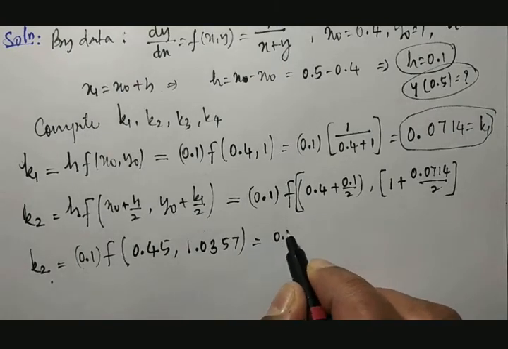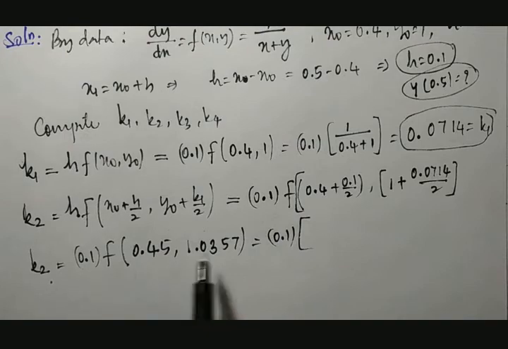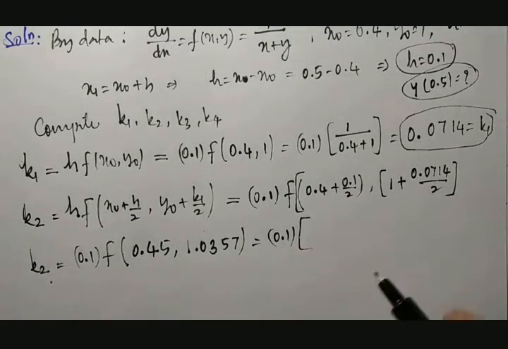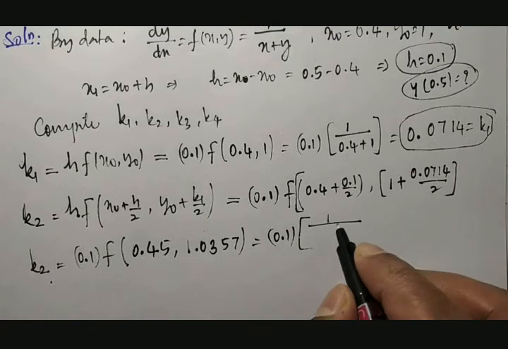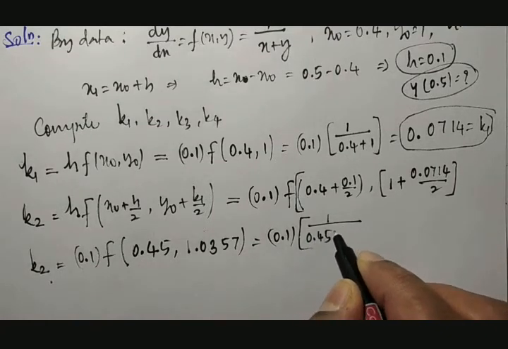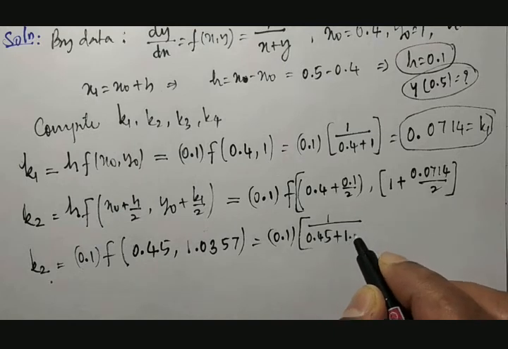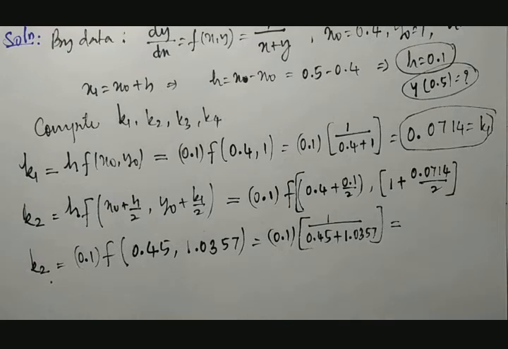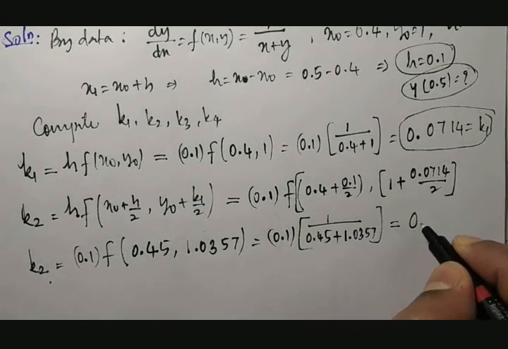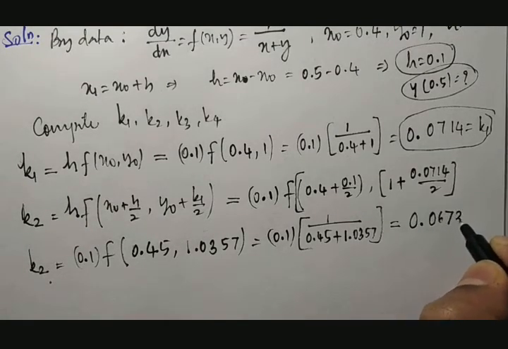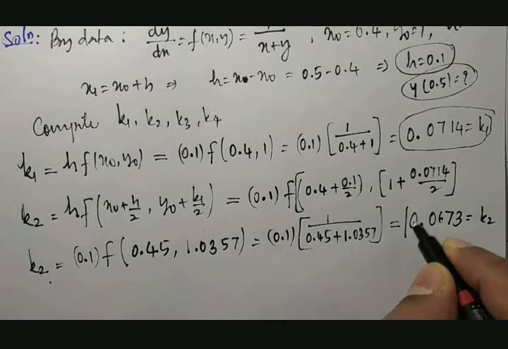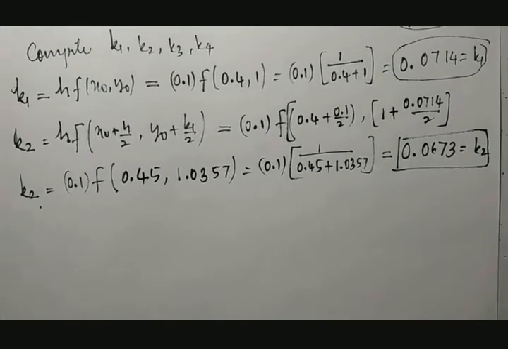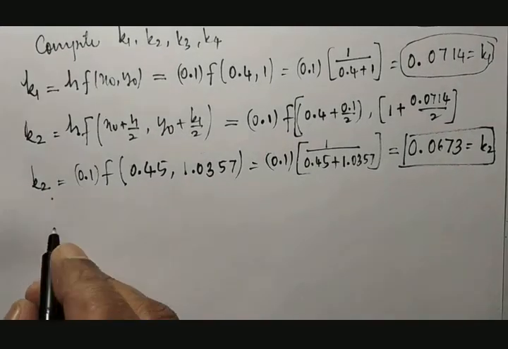Okay, so that is equal to 0.1 into, what is the function? The function is 1 divided by x plus y. Therefore, it is 1 divided by x, that is 0.45, plus y, that is 1.0357, which is equal to 0.0673, that is K2.